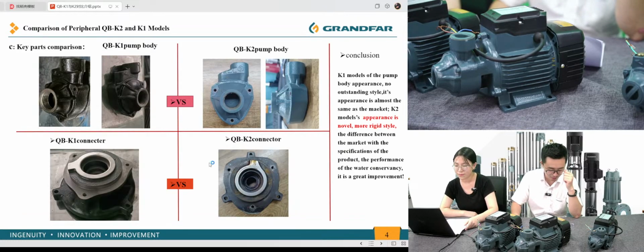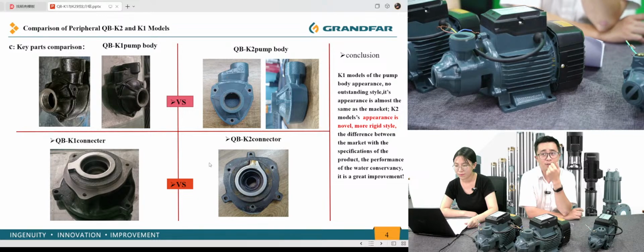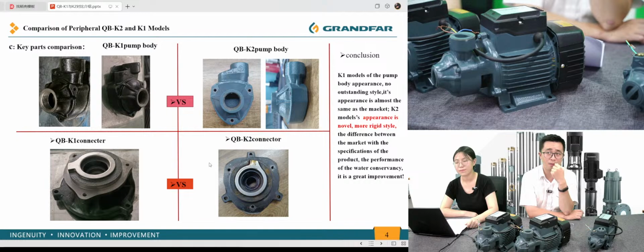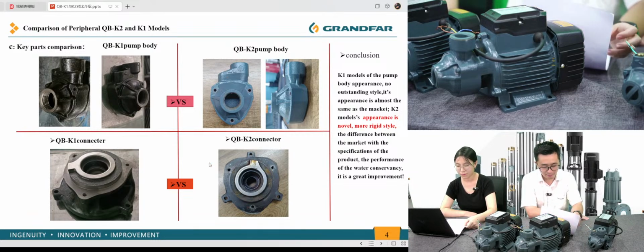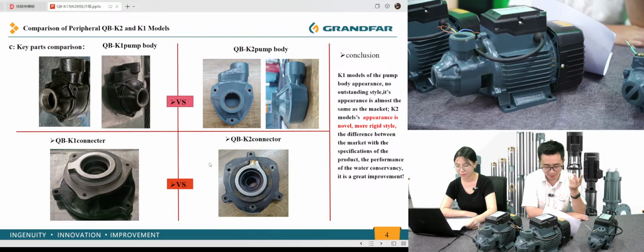And now look at the third part of our PowerPoint. We can see the comparison of the peripheral pump between QB pump version K1 and K2. And we can see there are mainly 2 kinds of differences. The first difference is in the pump body.